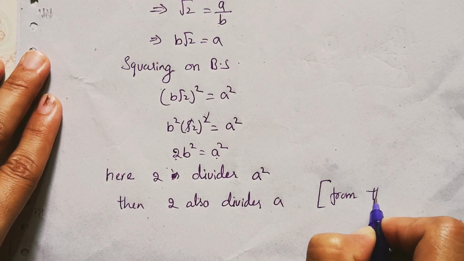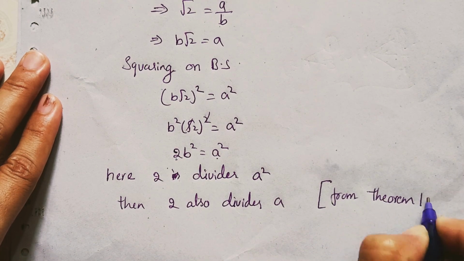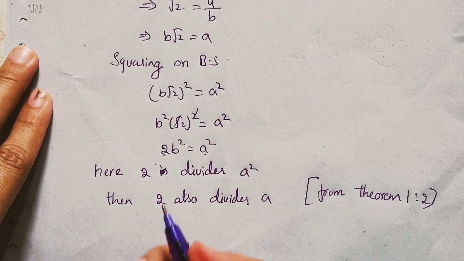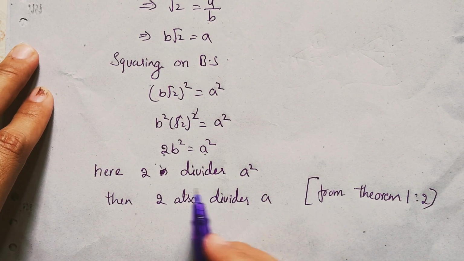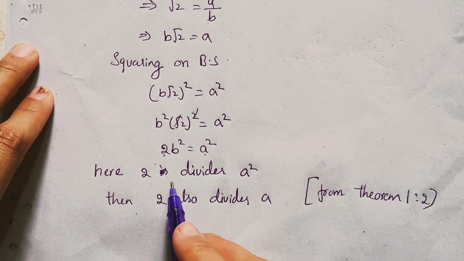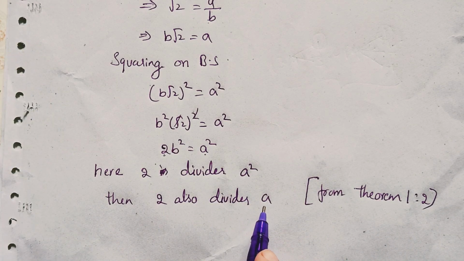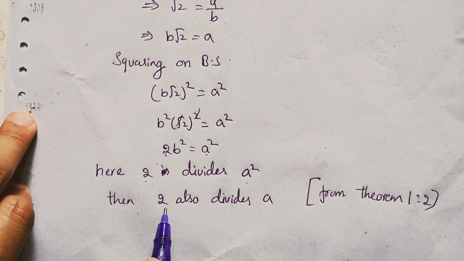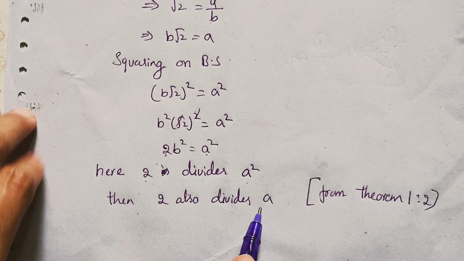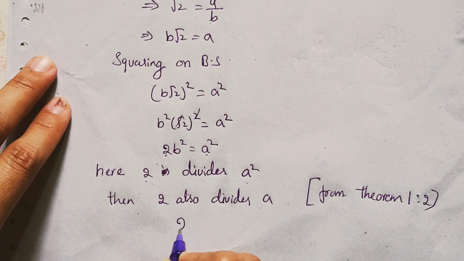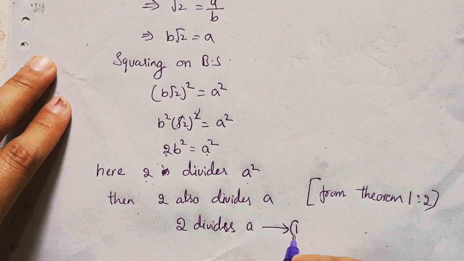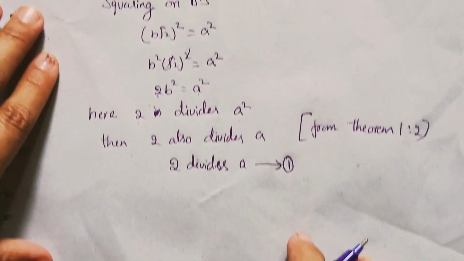From theorem 1.2, which we discussed in the previous theorem: if p divides a square, then p also divides a. So if 2 divides a square, then 2 also divides a. I am writing 2 divides a, and I am treating this as equation 1.